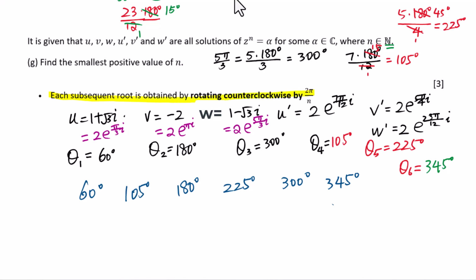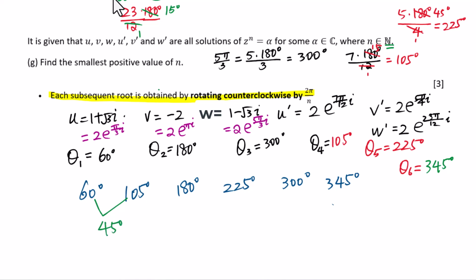Each subsequent root is obtained by rotating counterclockwise by 2 pi over n. In other words, the angle between two subsequent roots will be 2 pi over n. So let's work out the difference between two angles here.